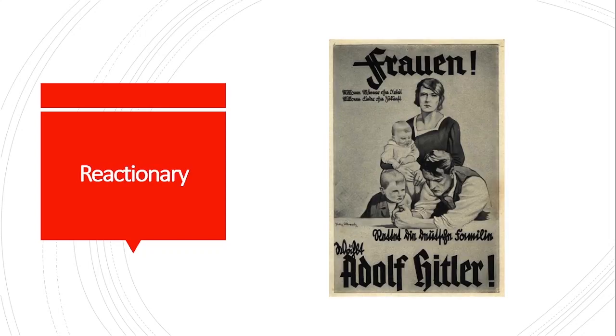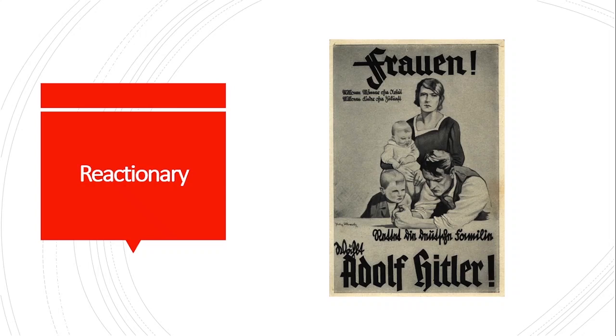And yet, despite their revolutionary nature and their radical policies, the Nazis were at the same time very, very reactionary. That is, reacting against what has happened, against change, wanting to return to the old status quo.